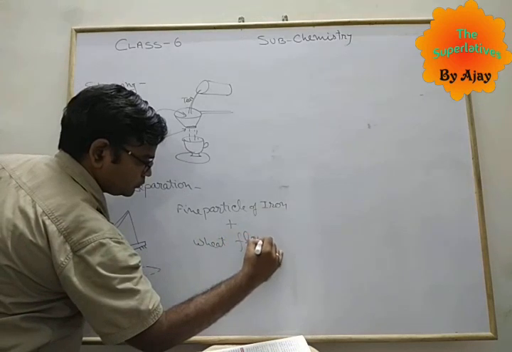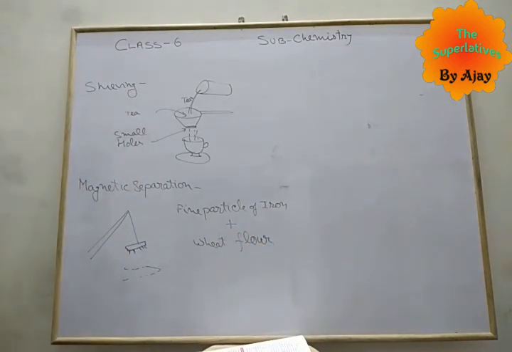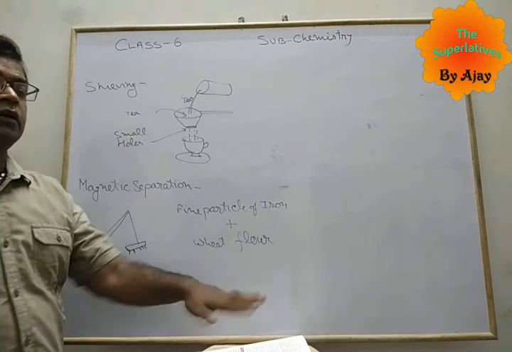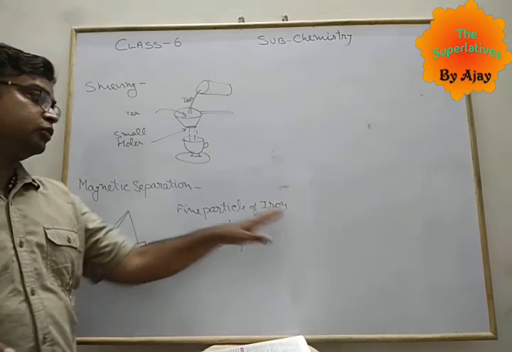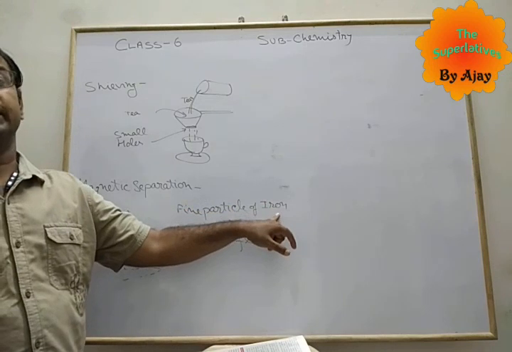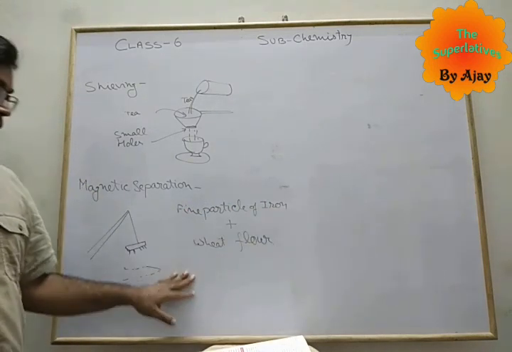How do we remove them? We spread the flour in a container, and we move the magnet so that magnetic particles are attracted towards the magnet and stick to it. So we can easily separate them by magnetic separation.